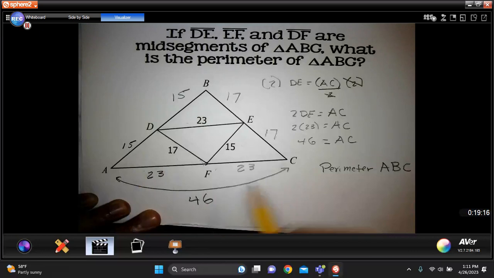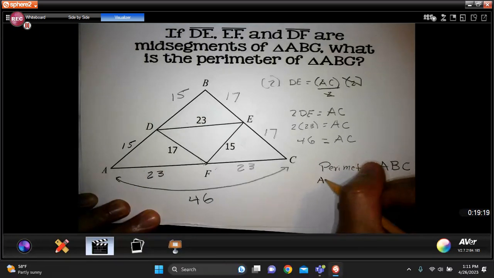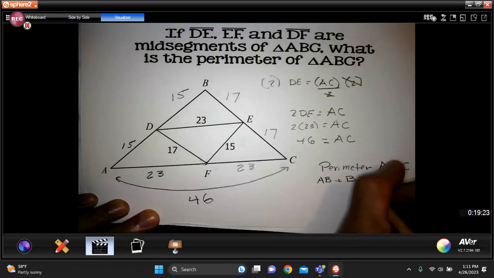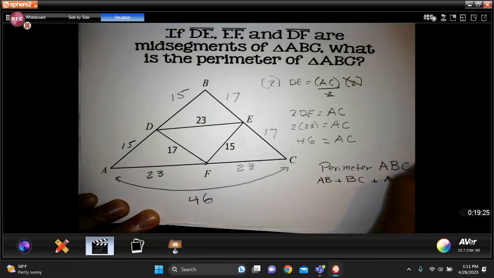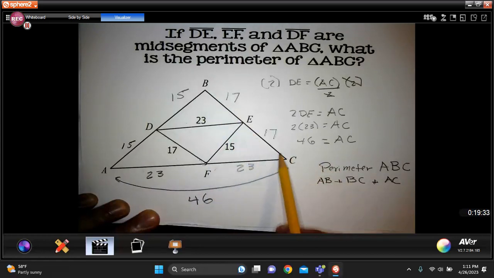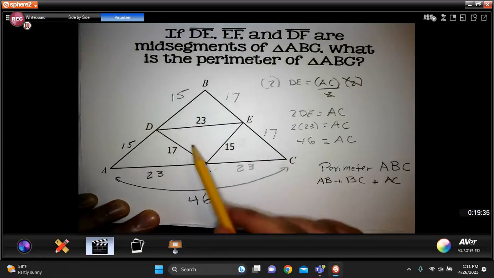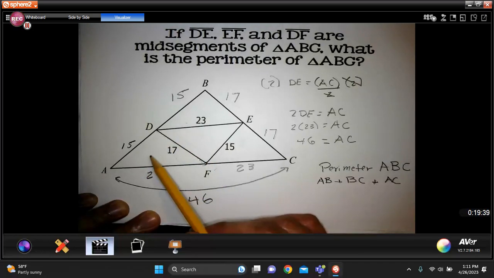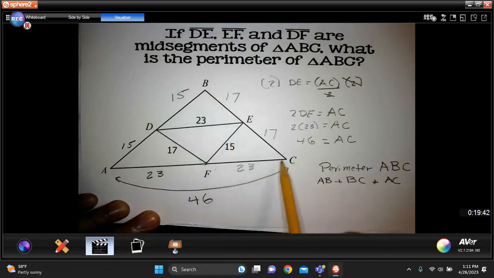So we have to find side AB plus side BC plus side AC. Again, we're only finding the perimeter of the big triangle outside. We're not finding the perimeter of the whole figure, adding whatever is inside. They're asking about the perimeter of the triangle outside.